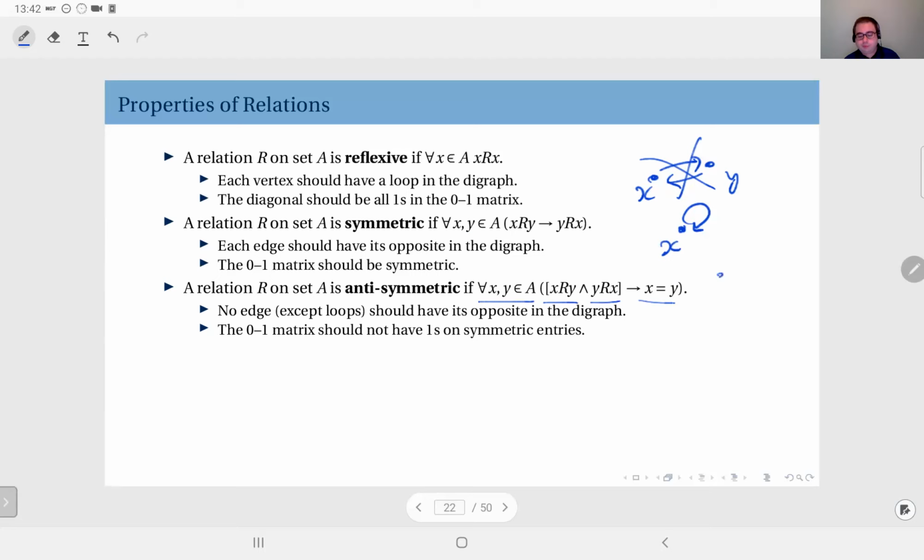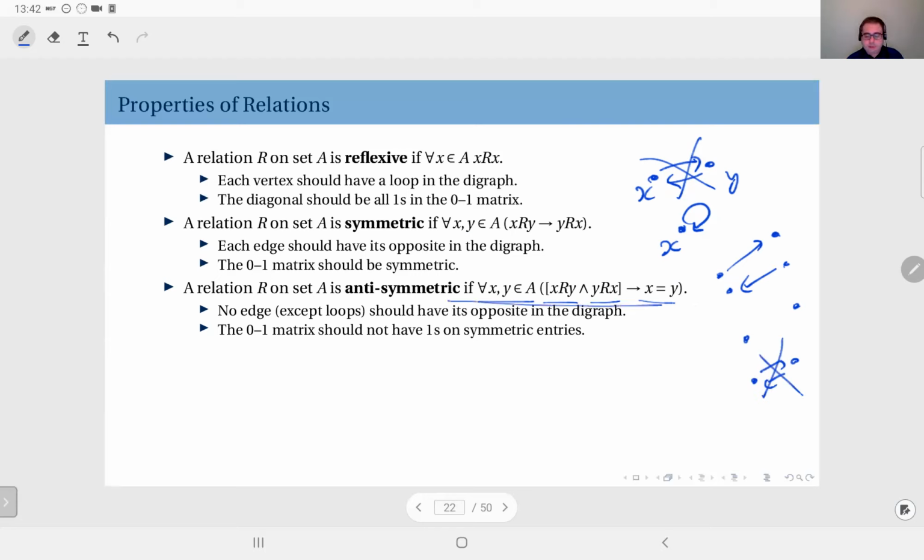So if you have two different elements, x and y, you can either have this or this or this without any relation. Now this you cannot have. This is what we call anti-symmetry.